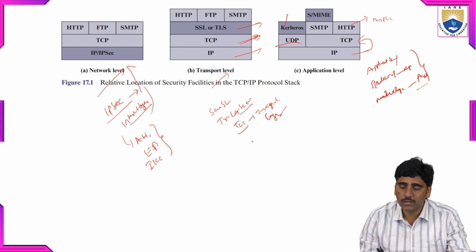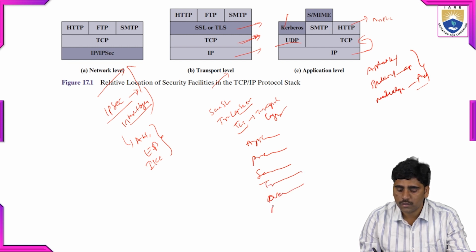So we already know the different layers: application layer, presentation layer, session layer, transport layer, network layer, data link layer and physical layer. These layers are not all involved in data transmission, but at these levels we are going to provide some sort of security.